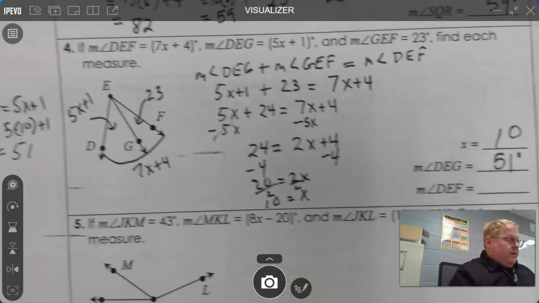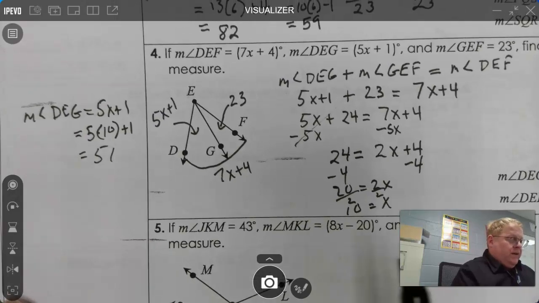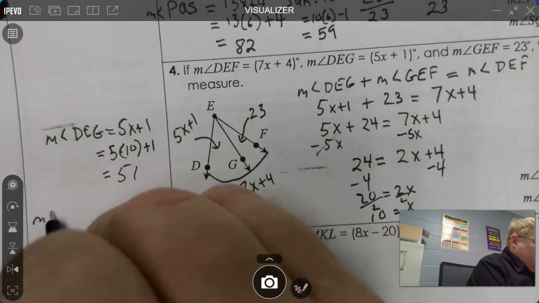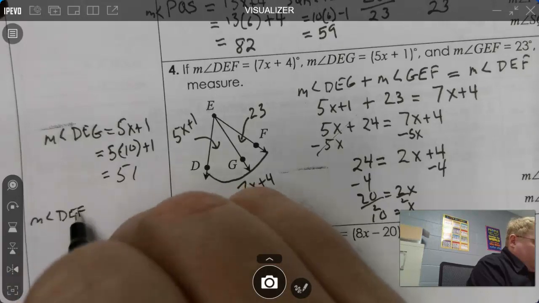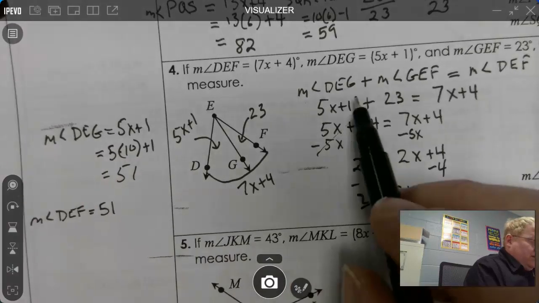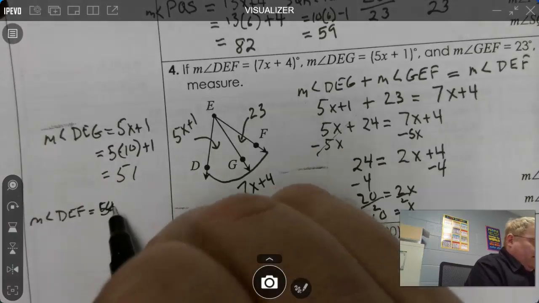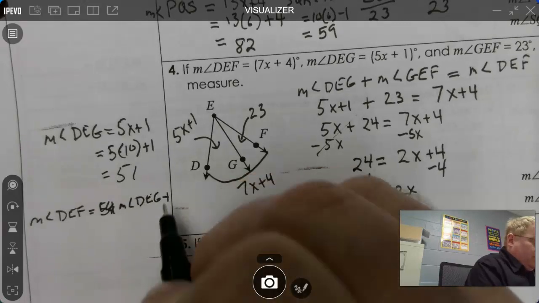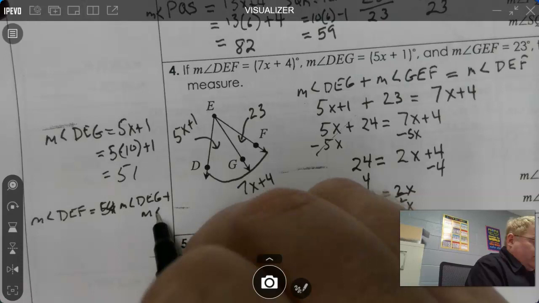Alright, DEF. So DEF is the whole thing. So the measure of DEF is the 51 that we just got, DEG. Actually, let's skip a step. Measure of DEG plus the measure of GEF.